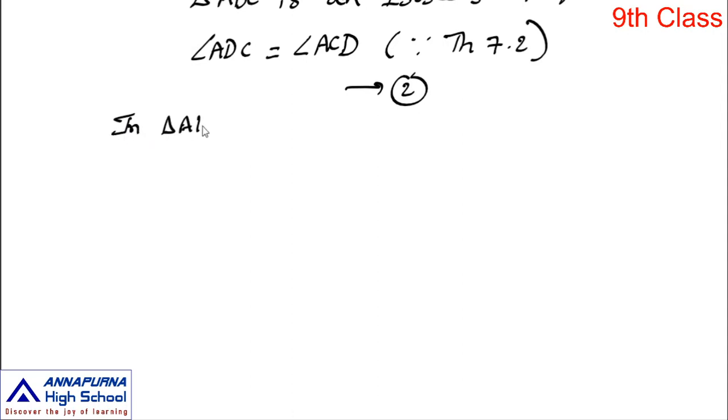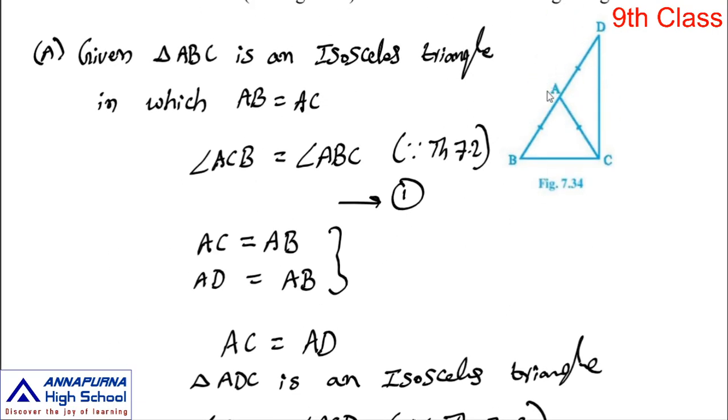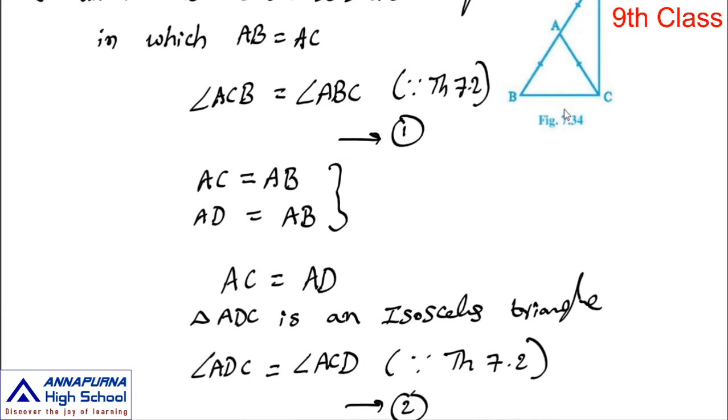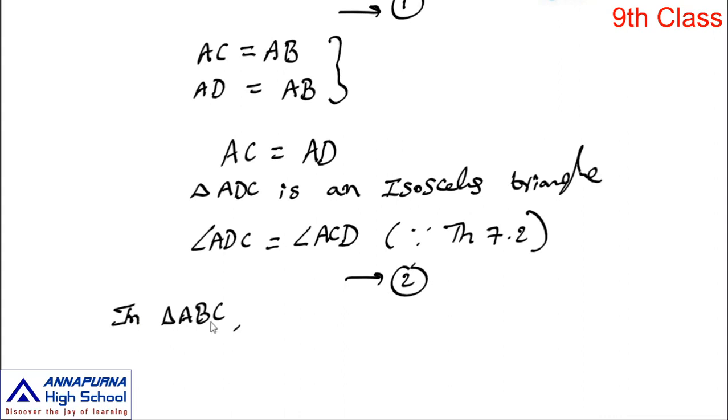In triangle ABC, DAC is an exterior angle. Angle DAC is equal to angle ACB plus angle ABC.